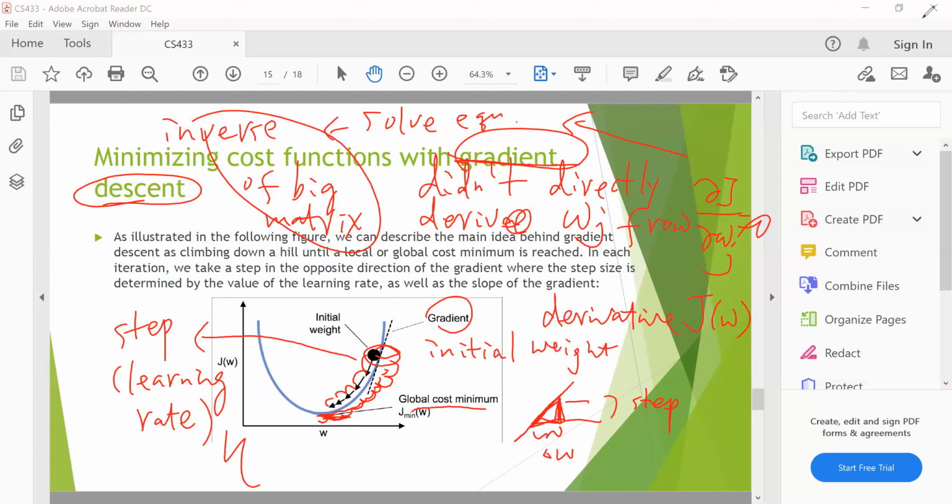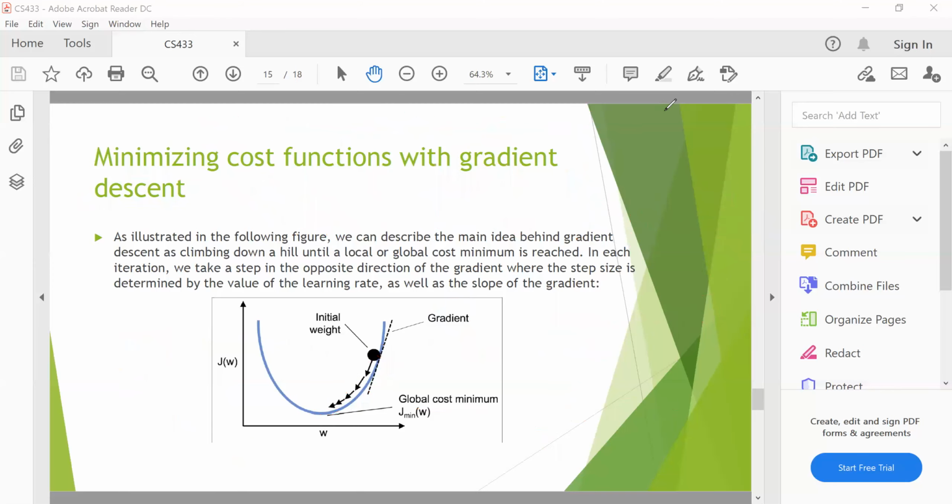Basically it's for the step. So you may see, if the step is too small, it takes a lot of steps to get close to the minimum.